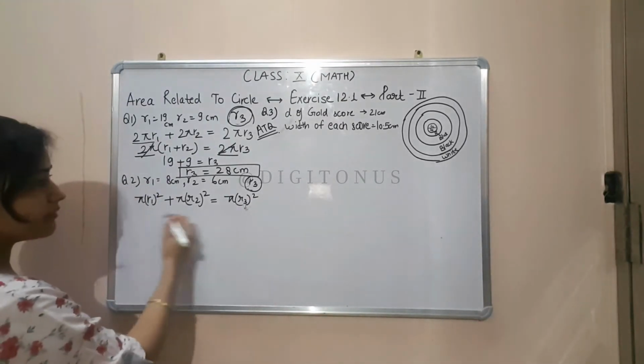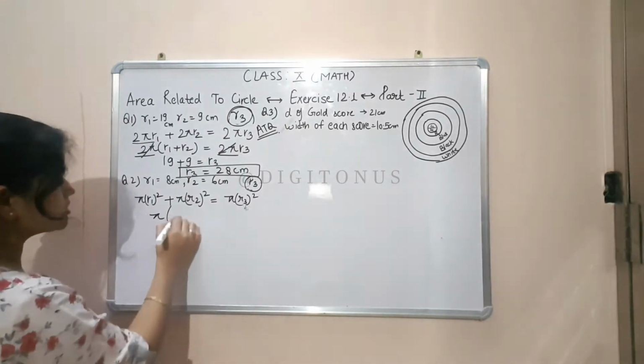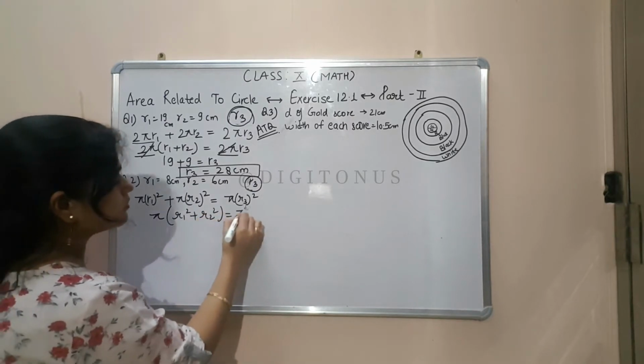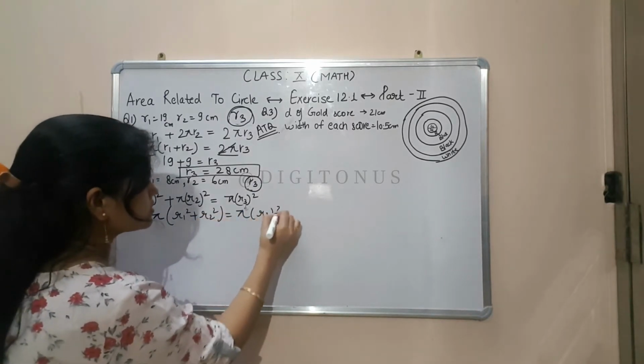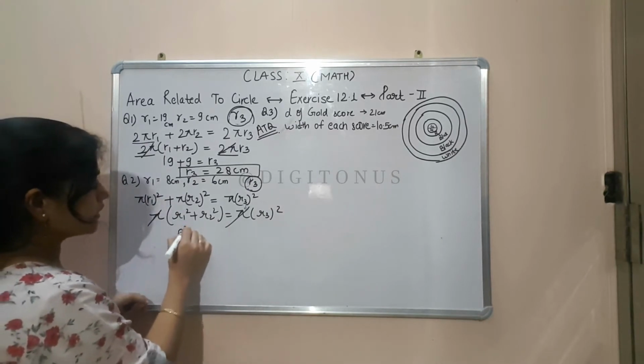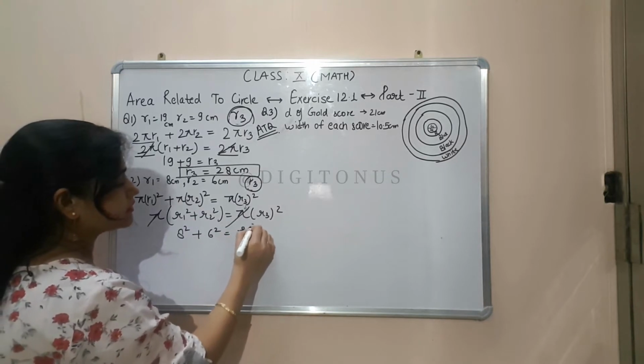We will take pi common on the left hand side, so it will be R1 square plus R2 square equals R3 square. Pi will be cancelled. R1 is 8, R2 is 6, and here only R3 square.